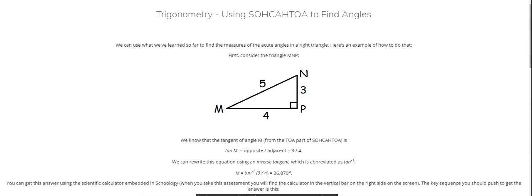Okay, so we have a triangle here, triangle MPN or MNP, whichever way you like to say it, and it's a 3, 4, 5 right triangle.